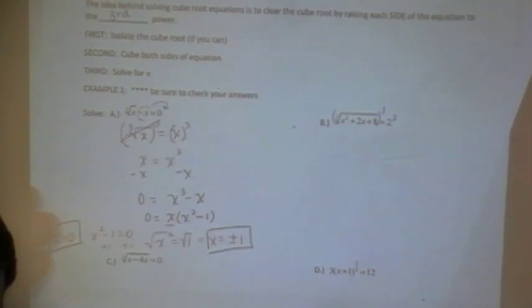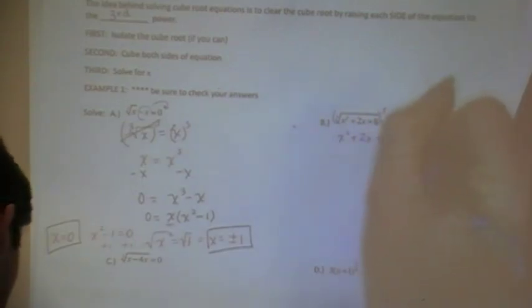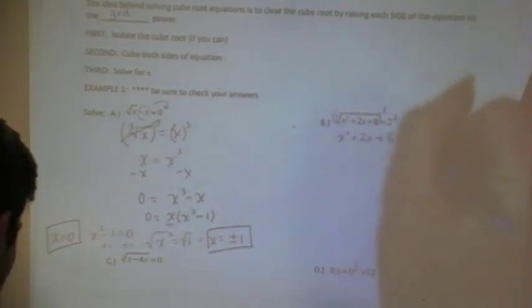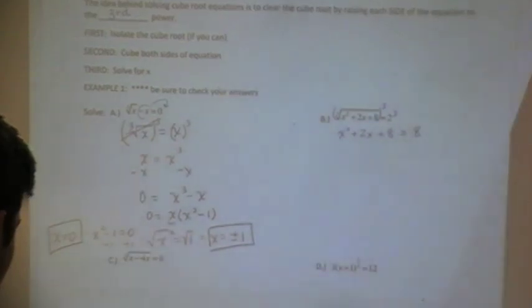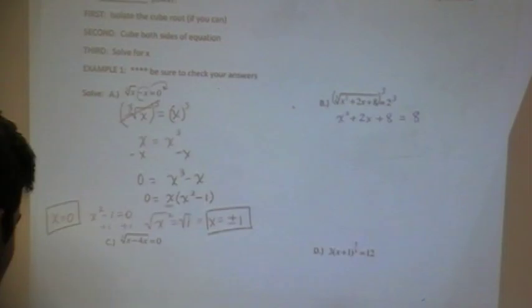Cubing a cube root cancels the radical. So on the left, you're left with x squared plus 2x plus 8 equals 8. Plus 2 to the third power is 8.